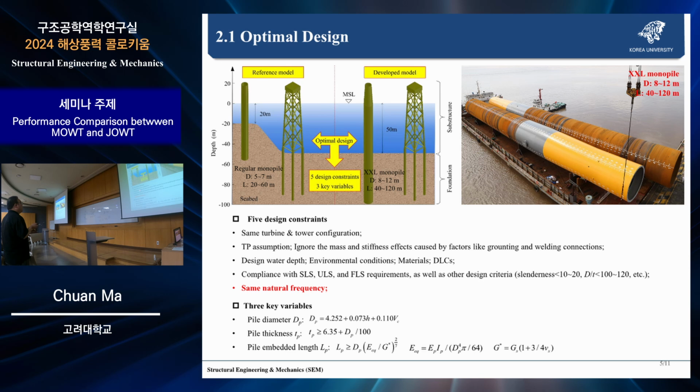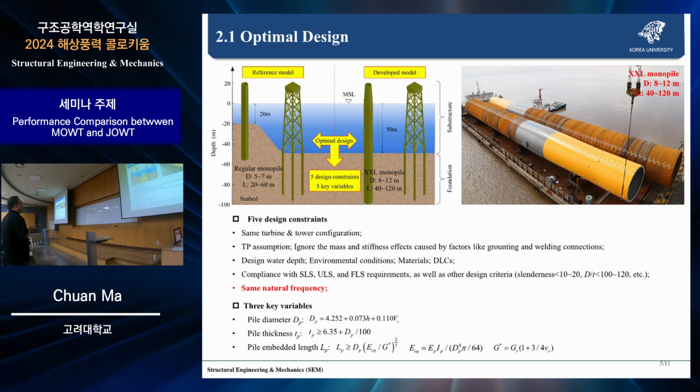Also, in our simulation, we ignore the mass and stiffness effects caused by factors like the grouting or the wave welding. And for these two structures, we keep the same design water depth and environmental conditions, and also the same material and design load cases.